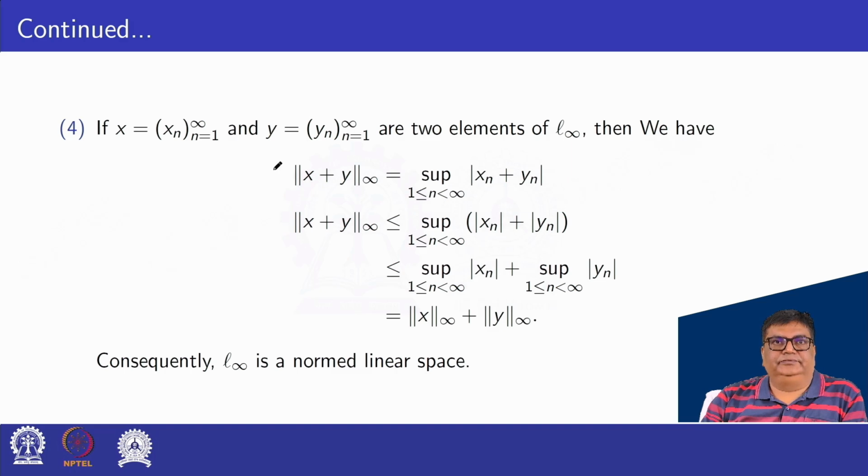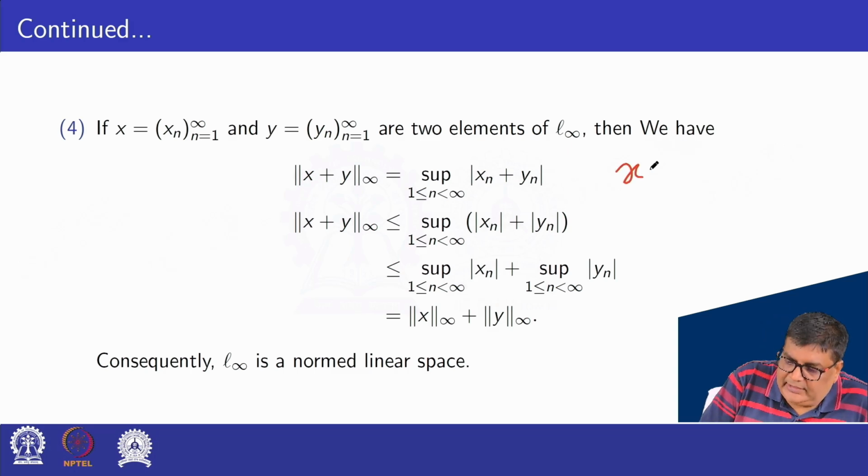Fourth condition, if x is equal to xn, n equal to 1 to infinity, and y is equal to yn, n equal to 1 to infinity, are two elements of L infinity, then we have norm x plus y infinity equal to the supremum of mod xn plus yn as per the definition.